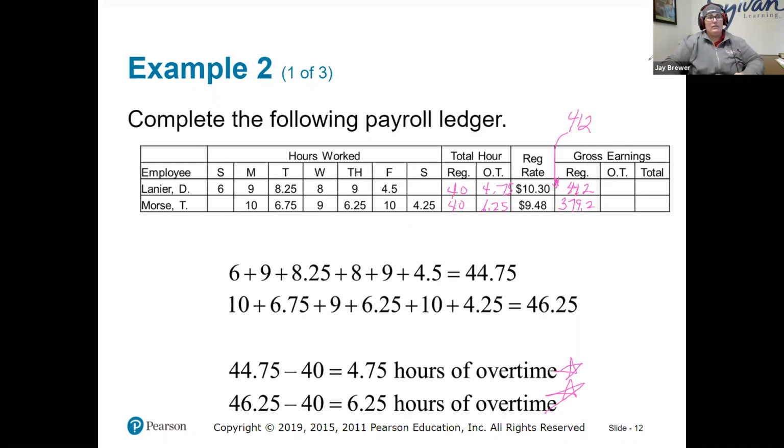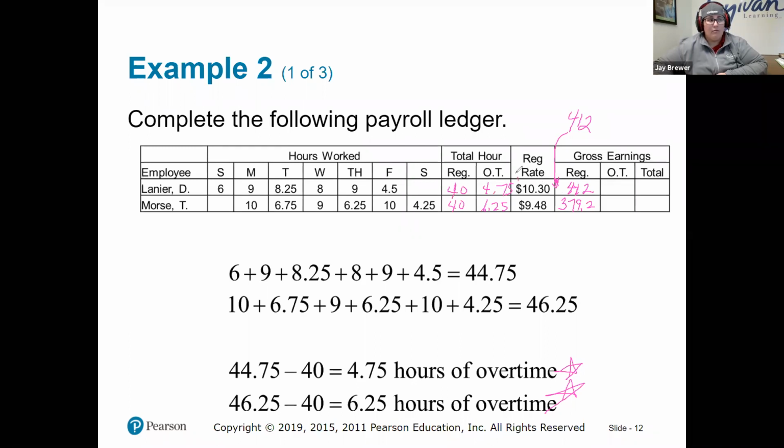Okay, they're not going to be the same because we have 2 different rates. So we're going to take 10.30 and we're going to multiply it by what? $412. So close. What we have to do before we can do that is take 10.30, and remember we're finding overtime now.